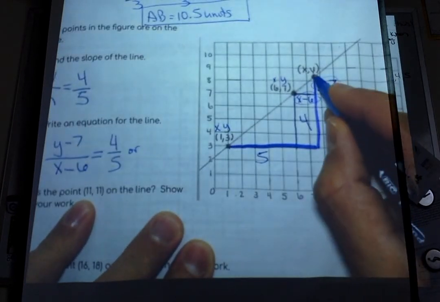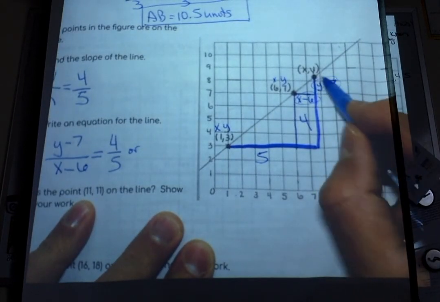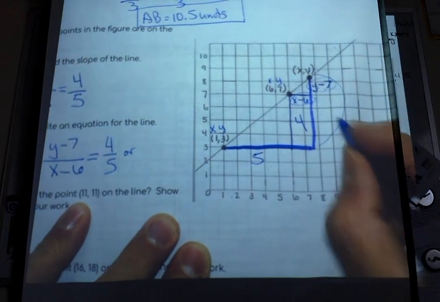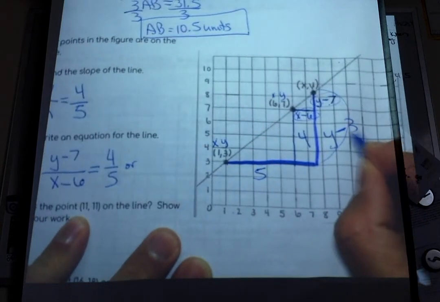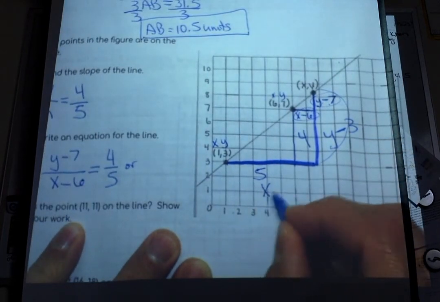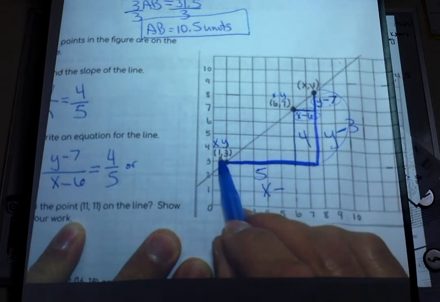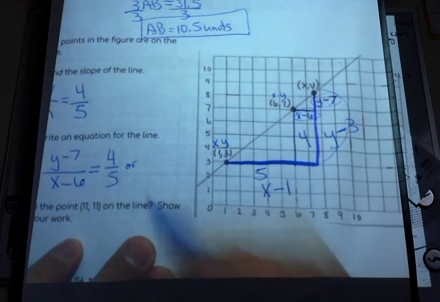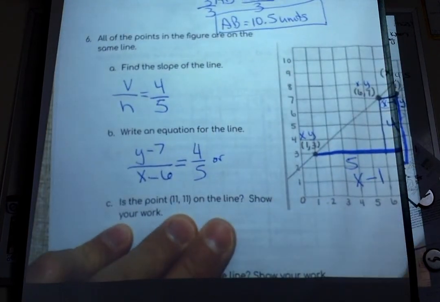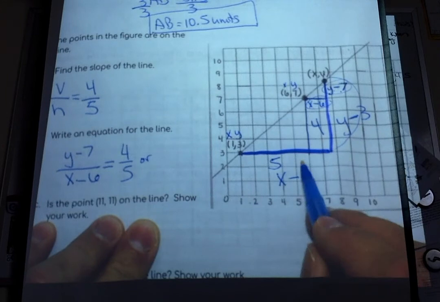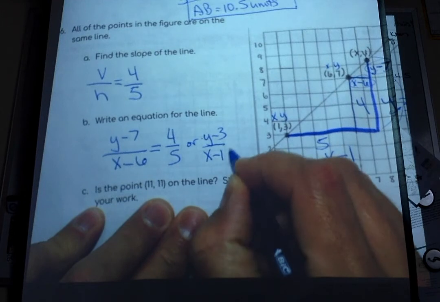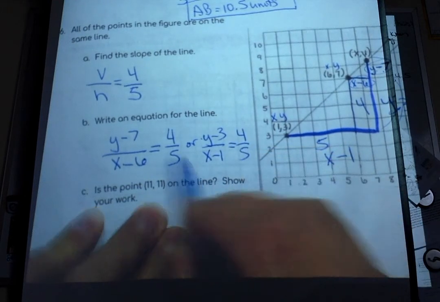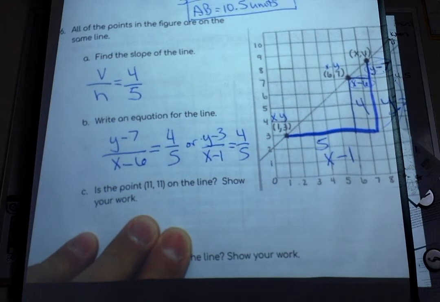For our large triangle, it's going to be y minus my y value of 3, so y minus 3. And down here, it's going to be x minus our x value of 1. So your vertical distance of y minus 3 over x minus 1, and we set that equal to 4 over 5. Either one of these answers is correct. You don't need to do both, just depending on how you made your triangles.